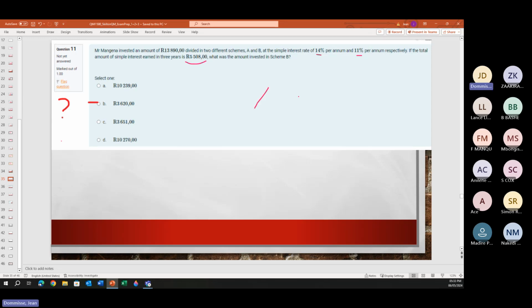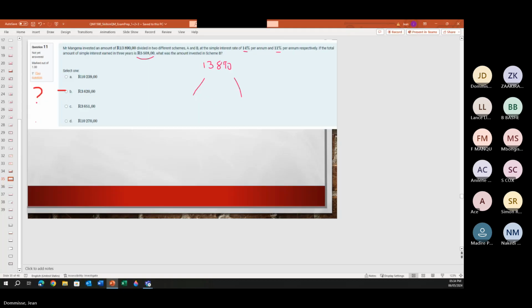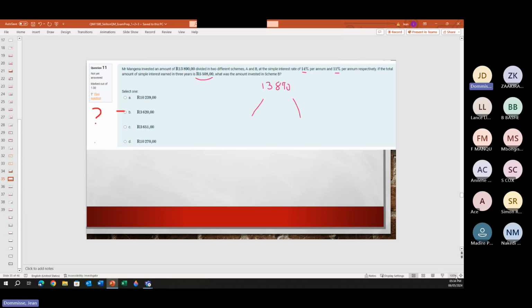So we don't know, unless I'm misreading it, how that 13,890 is divided.